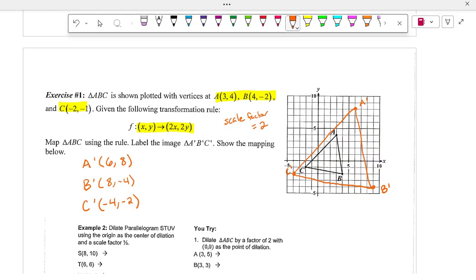Now, do you see how each corresponding side is running parallel to each other? For example, AC and A prime C prime are running parallel to each other, so they have the same slope. That is a feature of dilations if the line does not go through the center. And the center of dilation is the origin, right here. So it doesn't go through it, which means all the sides are parallel.